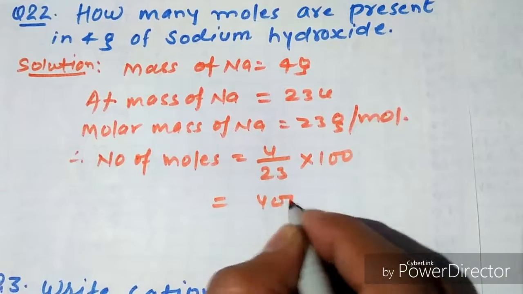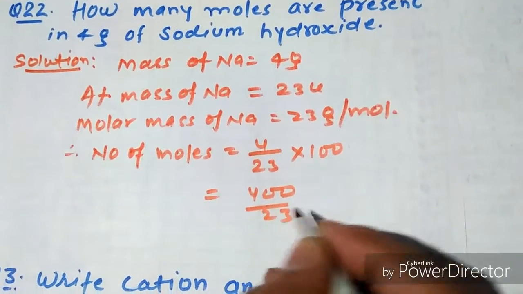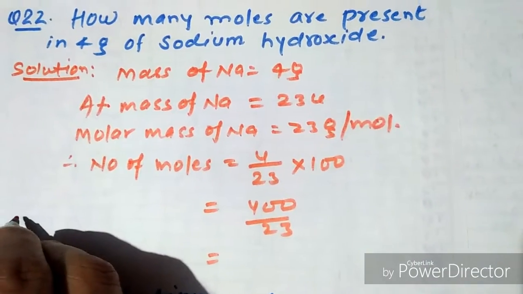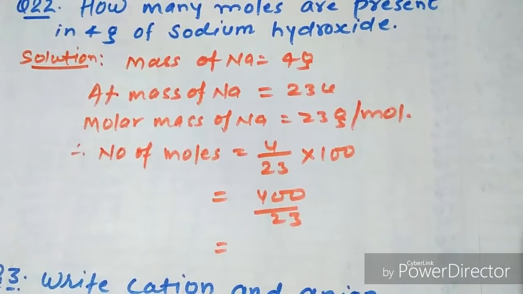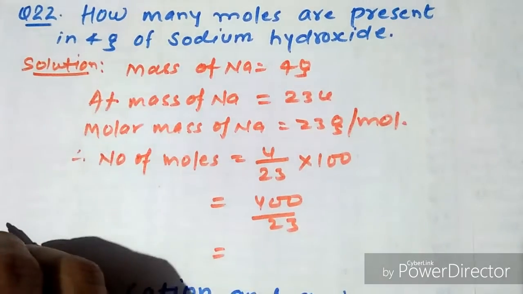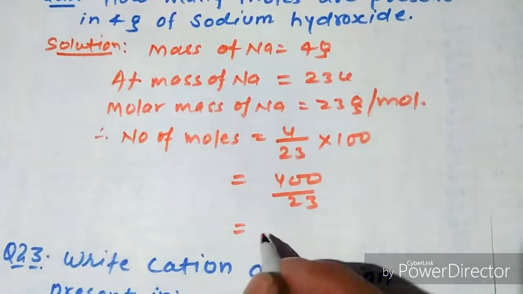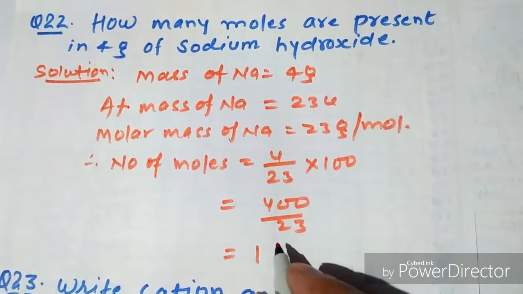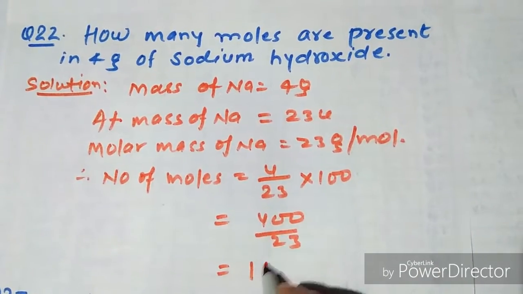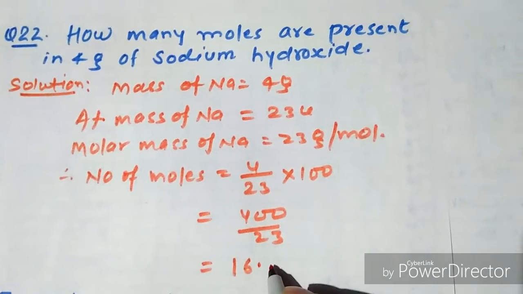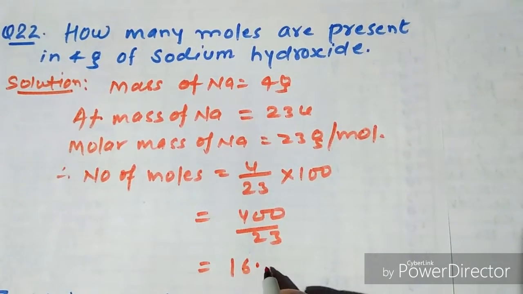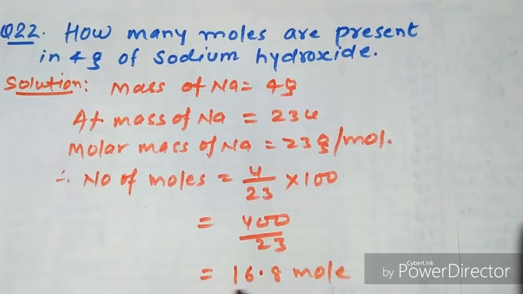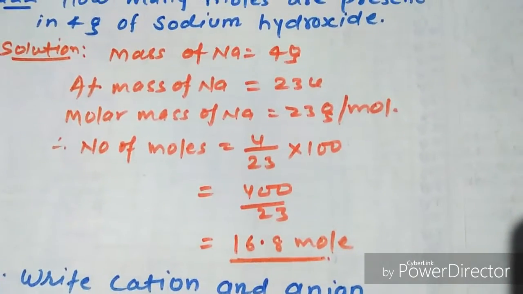It means 400 by 23, equal to, it means we have to divide 23 into 400, which gives 16.8 mole. So it is the answer.